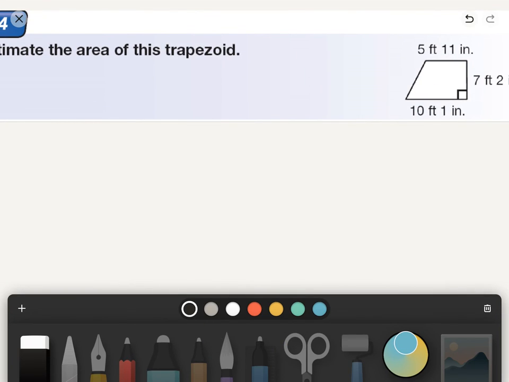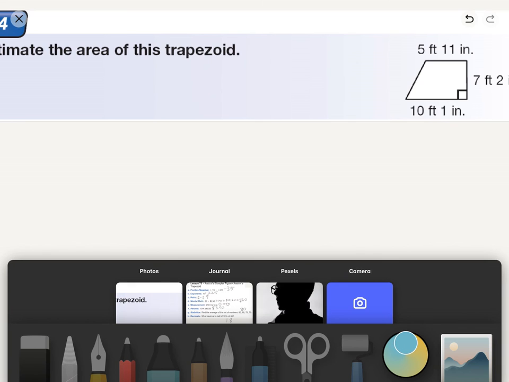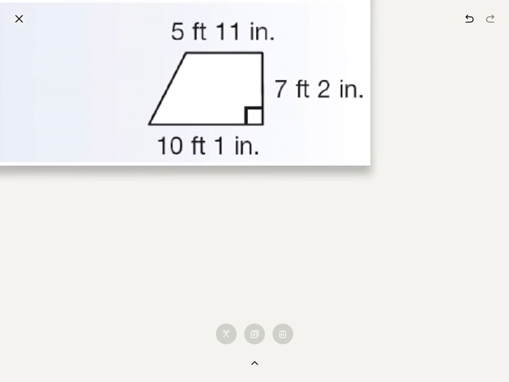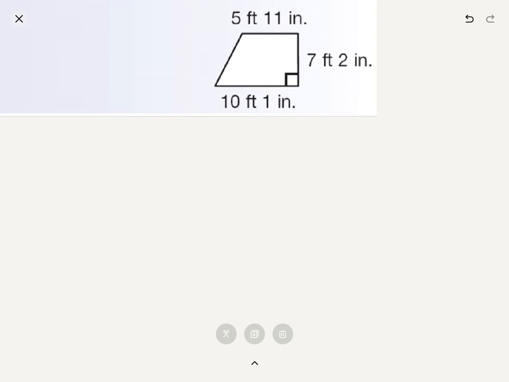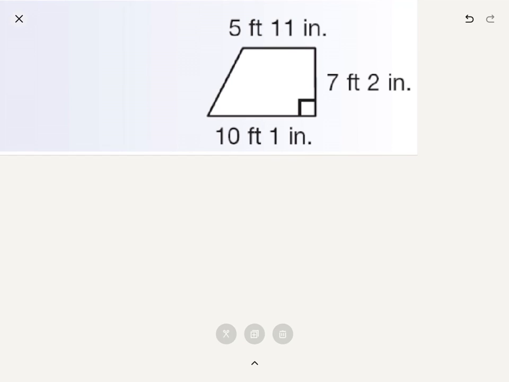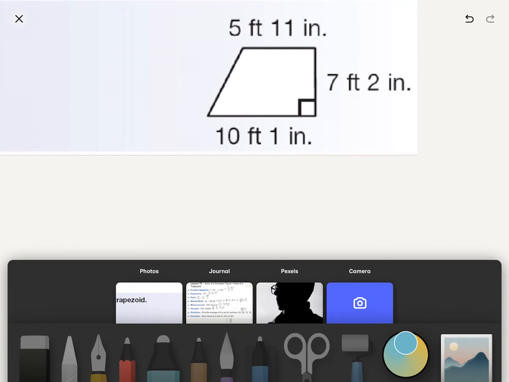All right. So, estimate. Estimate this and get the area. Spoilers, do not do it all out with the 5 foot 11 inches and everything, and then round your answer.